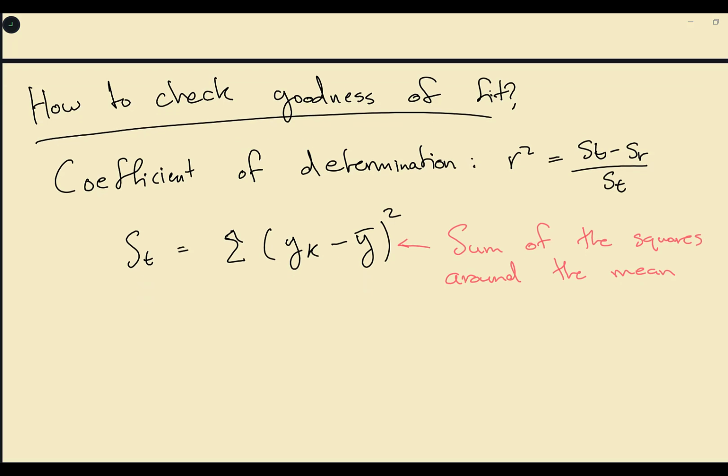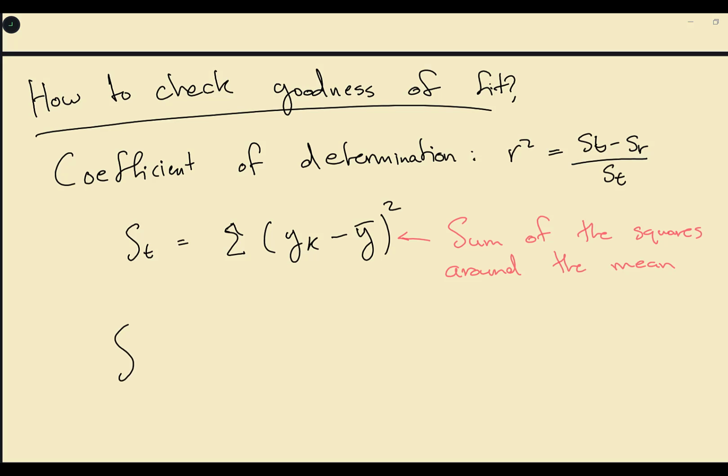And then the second one, Sr, which we've seen already before, is the sum over all the points yk minus b minus a x, and then all of that squared. Essentially what we have here is the equation of the line of best fit, and what we have here is the points.